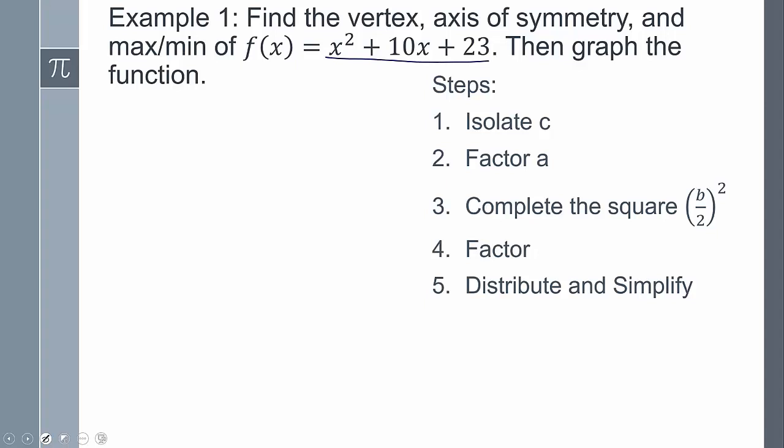You look at your h and your k and then you just move it and bam, you have your function. And so what we're going to do is take our x squared plus 10x plus 23, and we're going to complete the square.